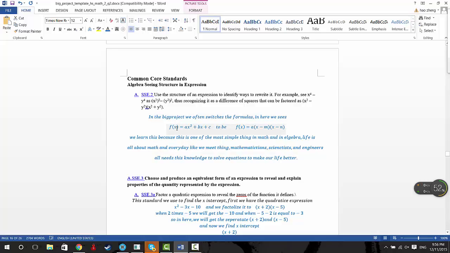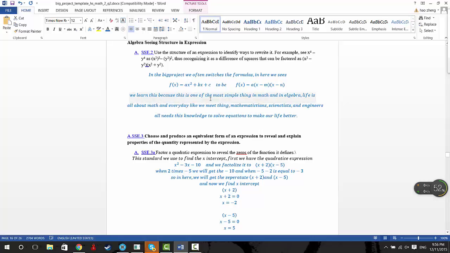For example, like we just did, using this quadratic formula, we factorize it to become like this. The reason we learn this is that it is one of the most basic things in algebra. Life is all about math. Mathematicians, scientists, and engineers all need this kind of knowledge of equations to make our lives better. If you want to be an engineer, scientist, or mathematician, you should probably know this.